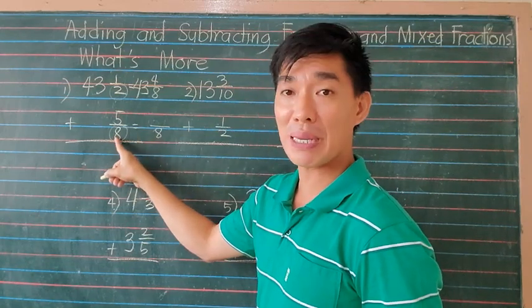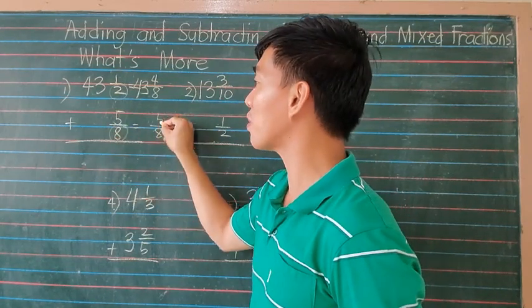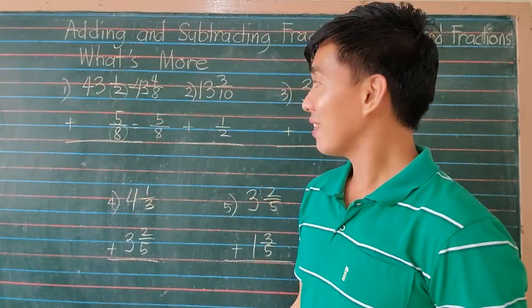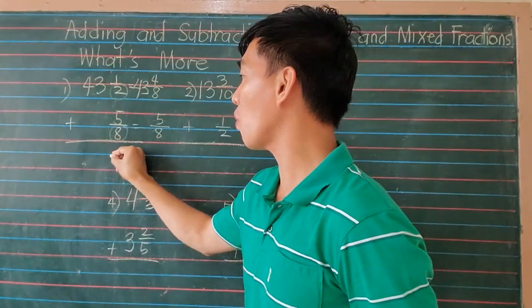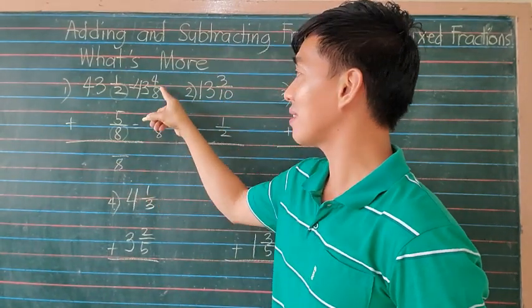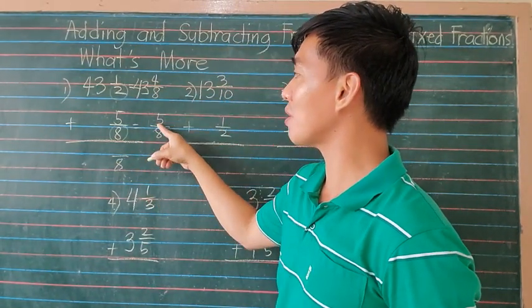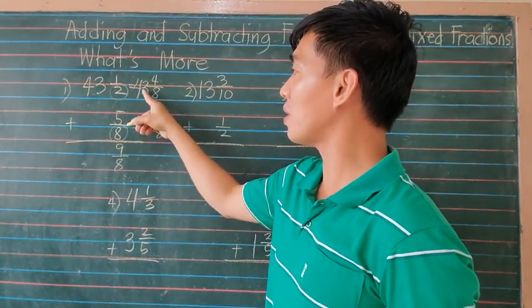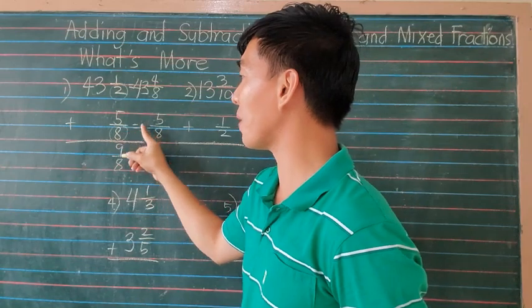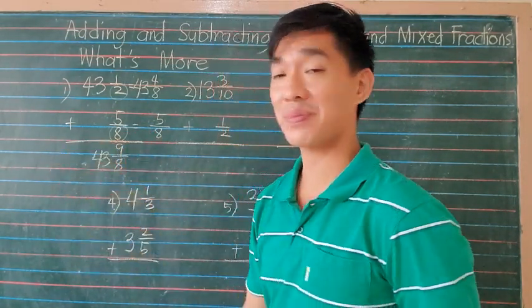So, 8 divided by 8 times 5, of course, 5. This one, we already have the same denominator, which is 8. So, copy denominator 8. Then, add the numerators. 5 plus 4 is equal to 9. Then, add whole numbers. 43 plus 0, that's still 43.